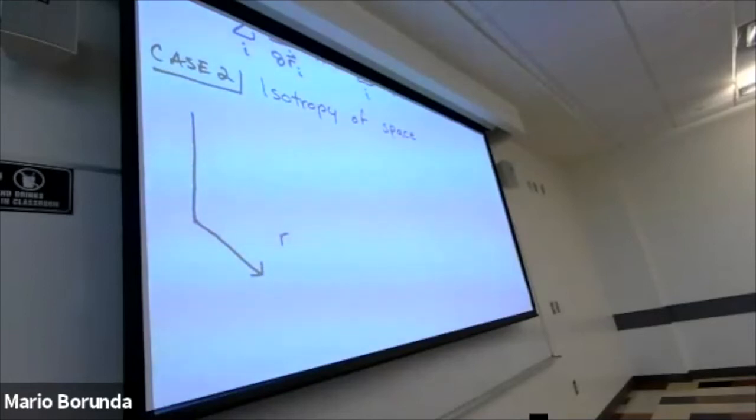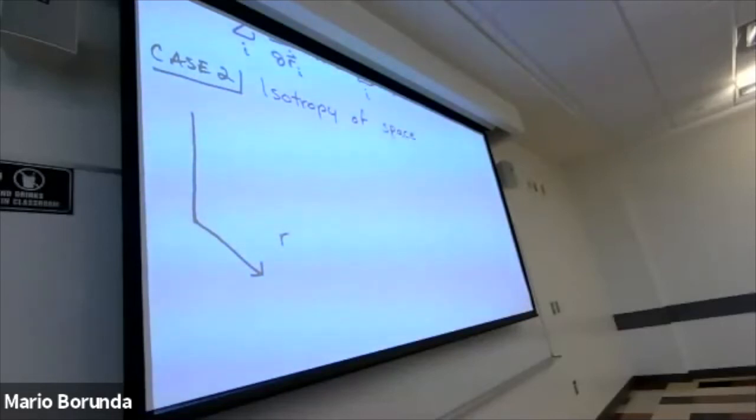Does isotropy of space mean there's no special direction in space, or the opposite? No special direction in space. They're all the same. Does that make sense? All right.